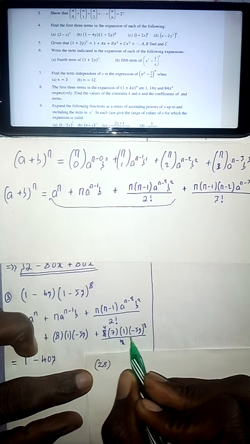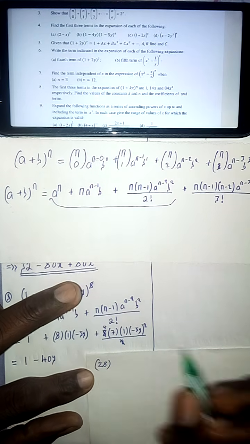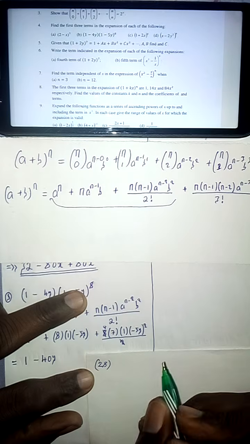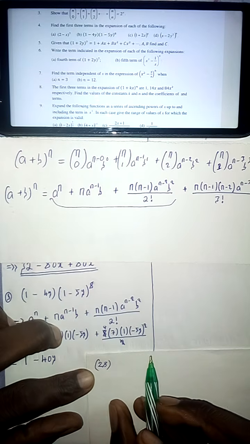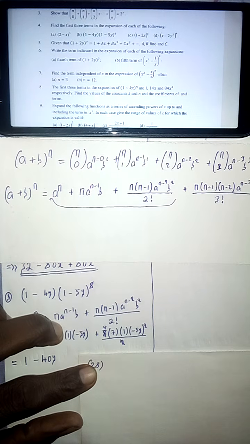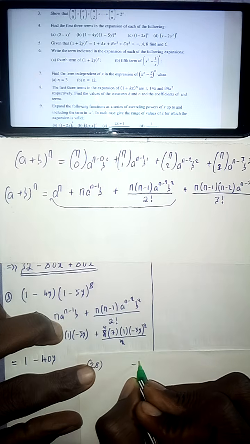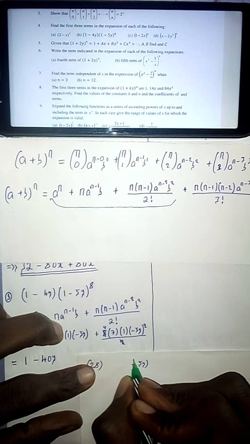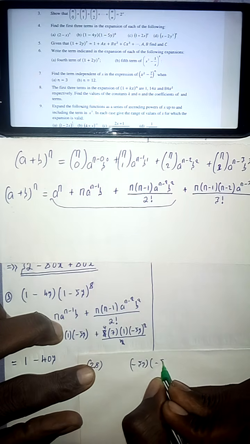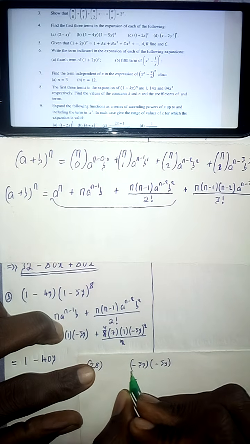28 multiplied by what? Then this part now, this is where you are supposed to be very careful. Please take note, guys, on this part. So this part can also be written as negative 5y multiplied by negative 5y. So when you multiply, what are you getting?